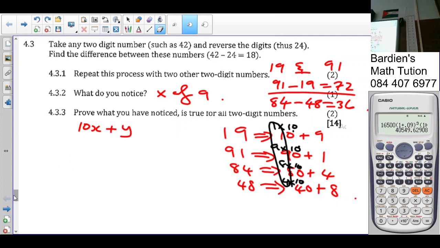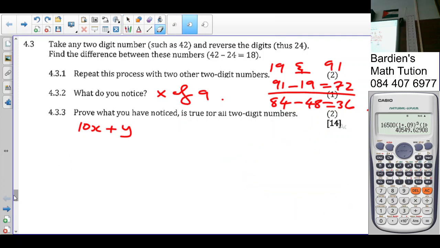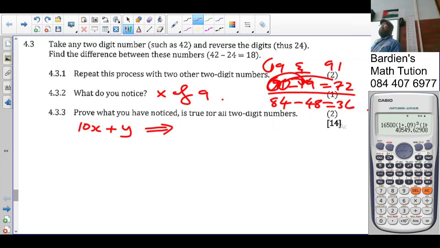So if I repeat this, if I swap this around, what do you notice you're going to get? The units number became the tens number, and the tens number becomes the units number. Not so? So if I do that in terms of the variables, what would it be? 10y plus x. But what did we need to do?